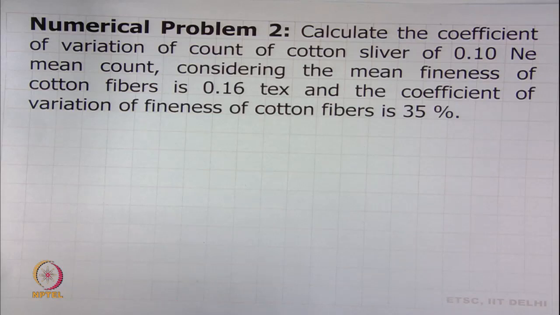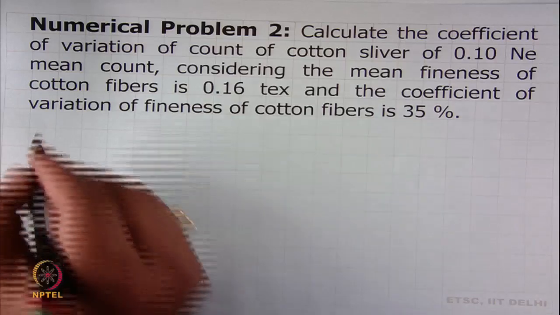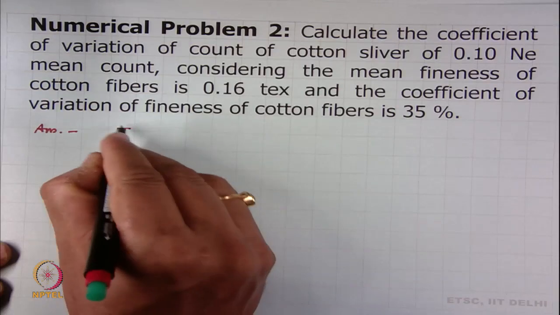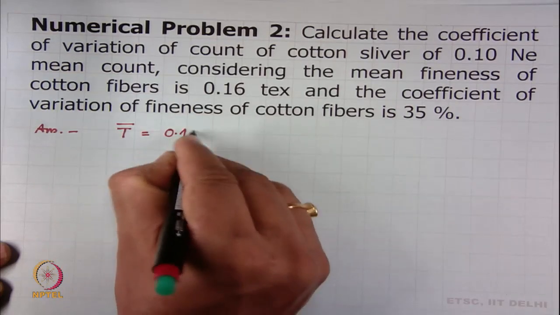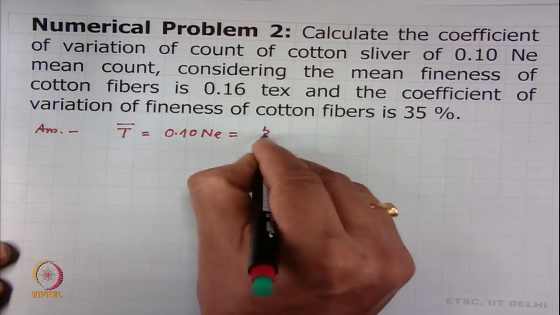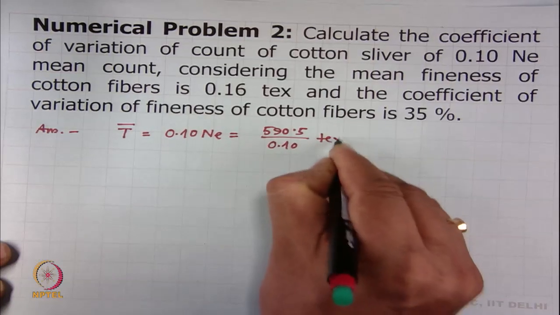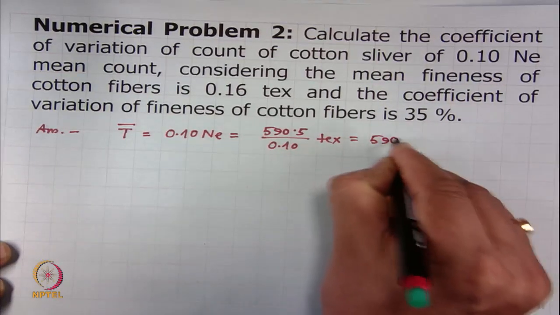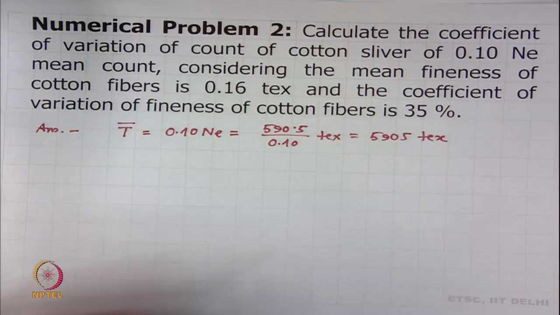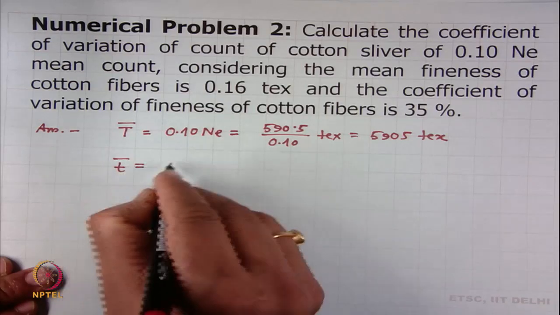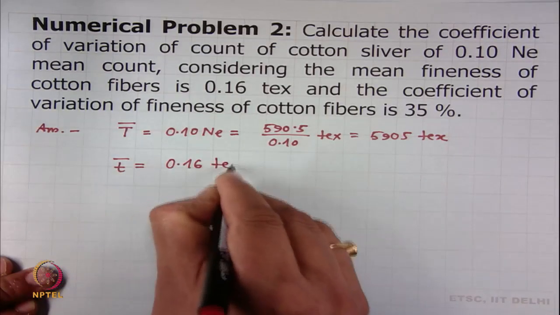Calculate the coefficient of variation of count of cotton sliver of mean count 5.905 kilotex and mean fiber fineness, given in tex.